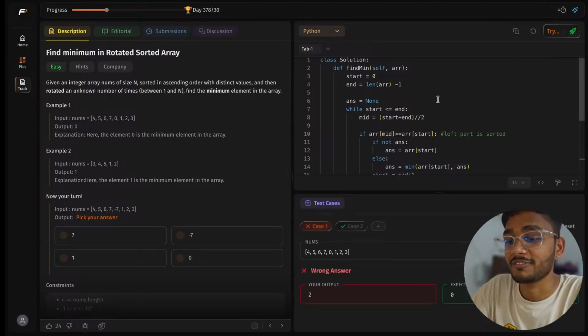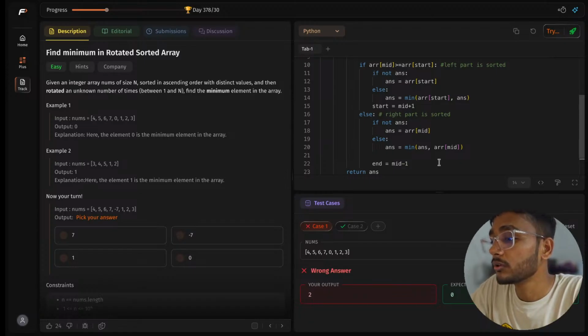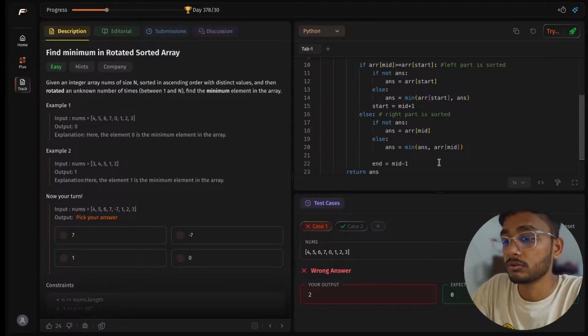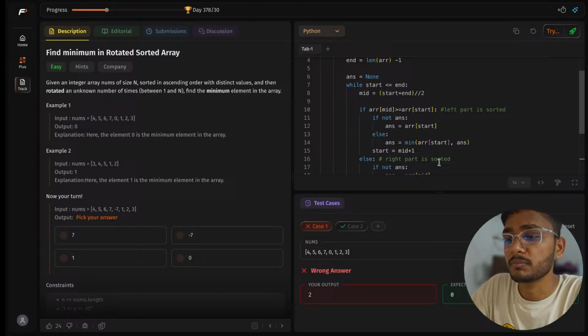As per my logic, okay. What went wrong? What is wrong with it? Did I make any mistake? If array of mid is greater than array of start.